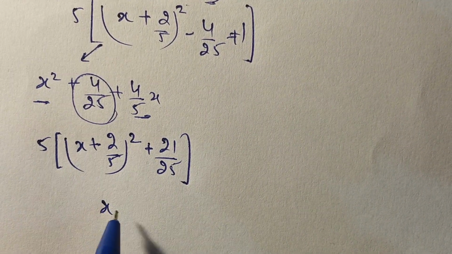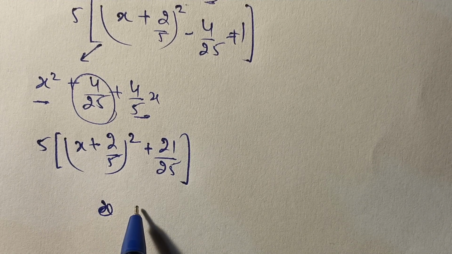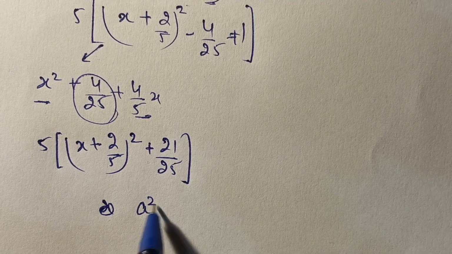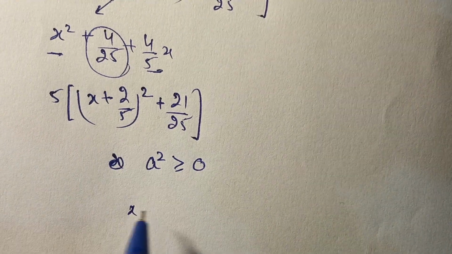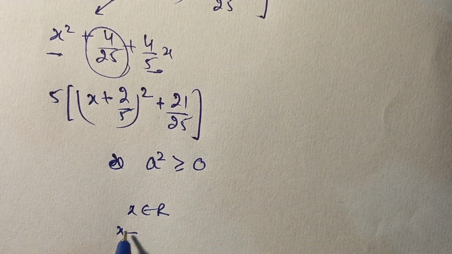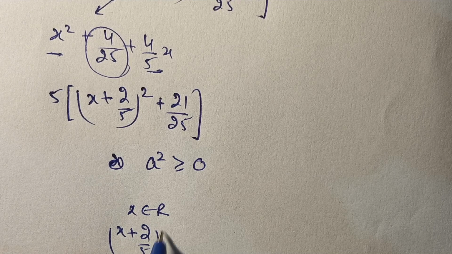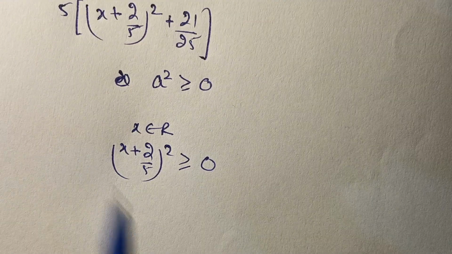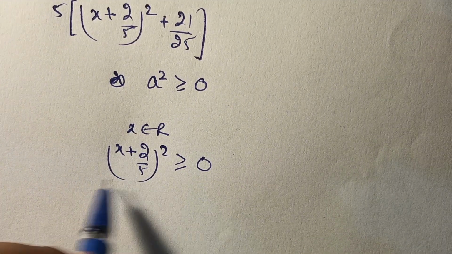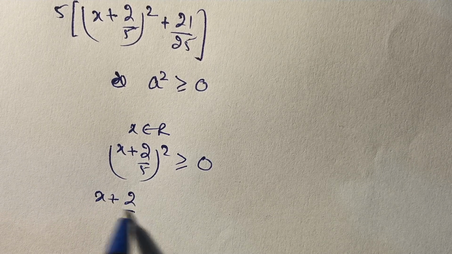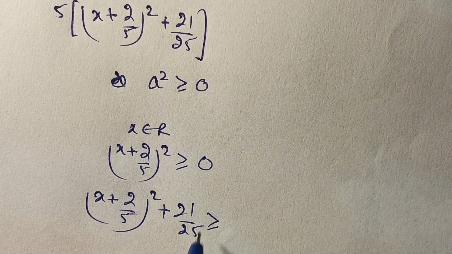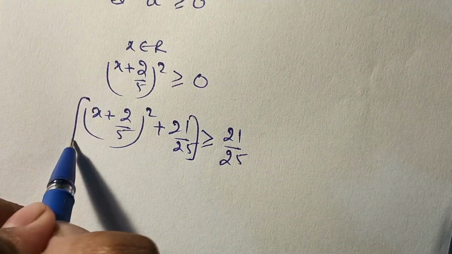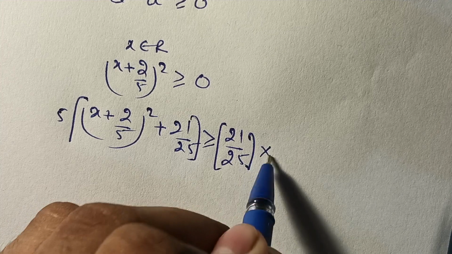We know that any square function is always greater than or equal to 0. Similarly, when x belongs to real numbers, (x plus 2 by 5) whole square is greater than or equal to 0, and we add 21 by 25 both sides. So we get (x plus 2 by 5) whole square plus 21 by 25 is greater than or equal to 21 by 25, and then we multiply both sides by 5.